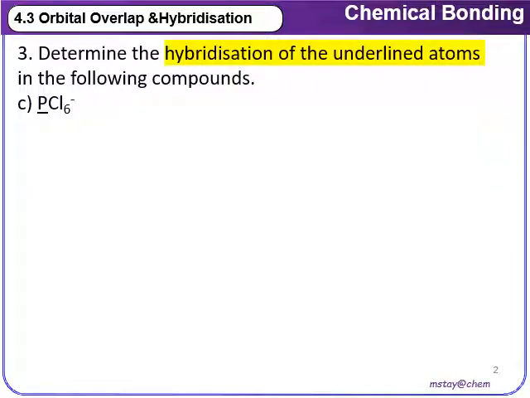Question number C. Phosphorus has 5 valence electrons. Chlorine again has 7. And then the negative charge means we are going to gain 1 electron. So the total here is 48 valence electrons.